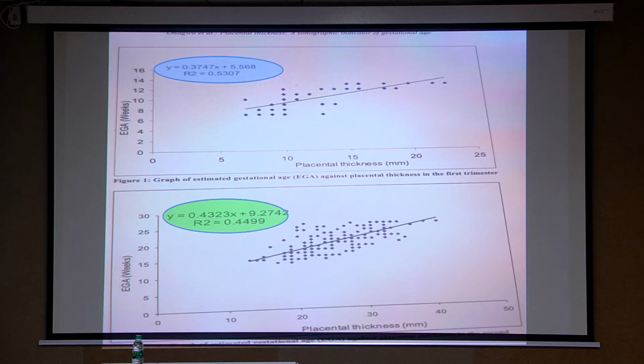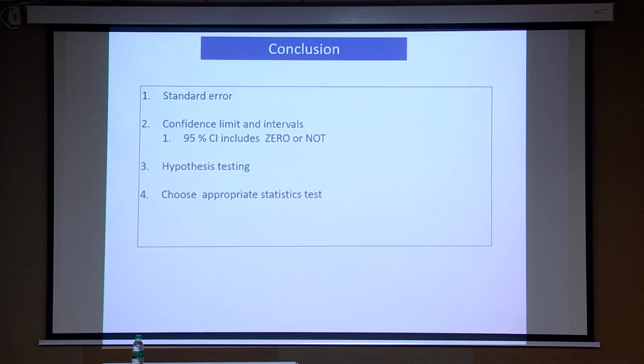In conclusion of this session, there are just 4 points you have to remember. What is standard error? We need the standard error to find out the confidence limit. When we have a 95% confidence limit, if it includes 0, then the null hypothesis is accepted, and if it does not include 0, the null hypothesis is rejected. So how to do hypothesis testing?